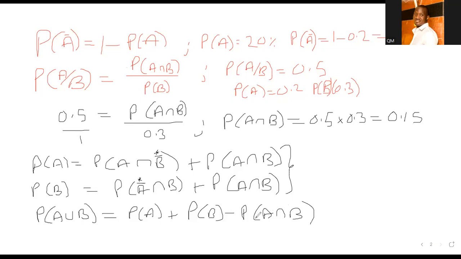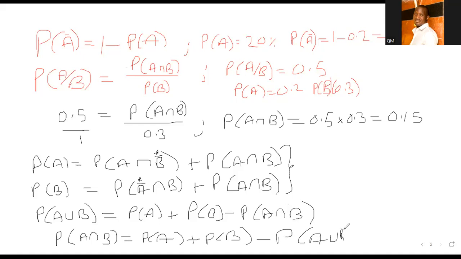When we make this substitute formula, we're going to have the probability of A intersection B as the same as the probability of A plus probability of B minus the union set of A and B. So far on these axioms, anyone behind? Are we on the same page?